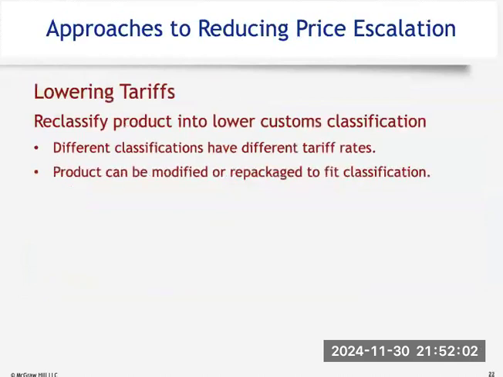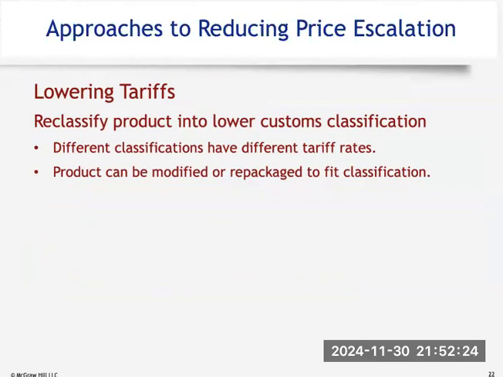Let's go over lowering tariffs. That is not going to happen, but some countries may lower tariffs, or they can change their classification of what their product is. And we've seen China do this a number of times. They don't want to pay the tariff, so they reclassify their product, and then the tariffs go down.